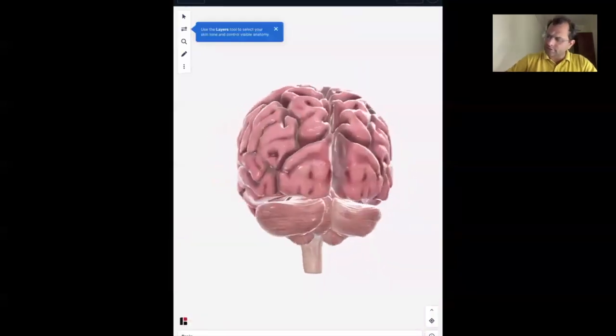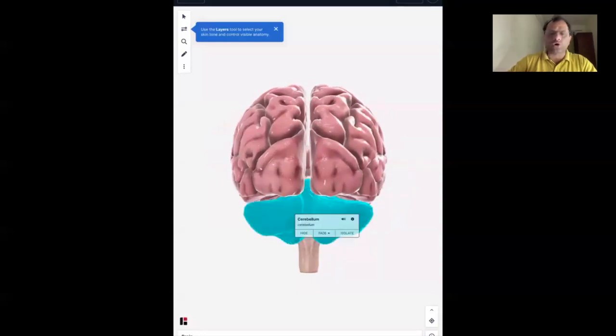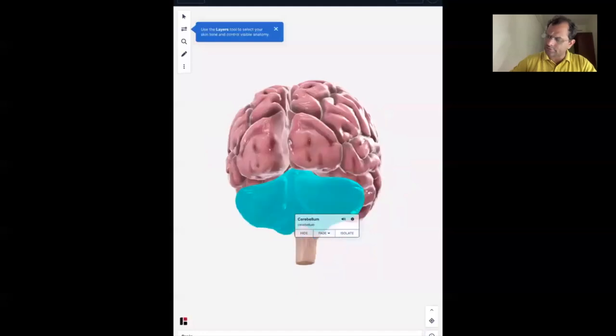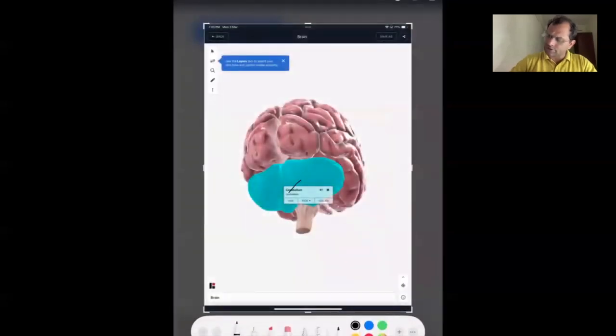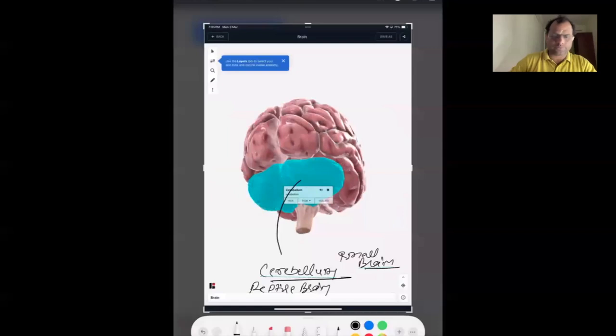So we can see this is the back side, and we can see this is the small brain, or the cerebellum, which is on the back side, just above the neck. It is also called the reptile brain. It is very important for balance and coordination.